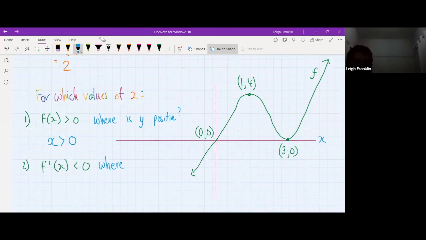Not where is y negative, it's f prime x. Where is gradient negative? Remember, f prime x is gradient. Where is gradient negative? That's what it means.